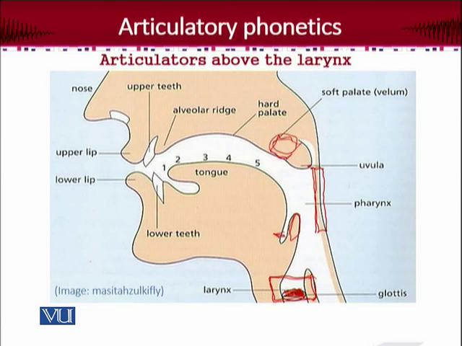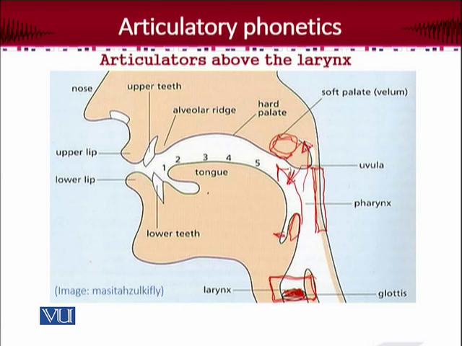This is very important because the velum plays an important role. Right now it is raised, so the air is going through the oral cavity. But when it comes down, then the air pressure would be converted to the nasal cavity and the sounds produced would be nasal sounds.